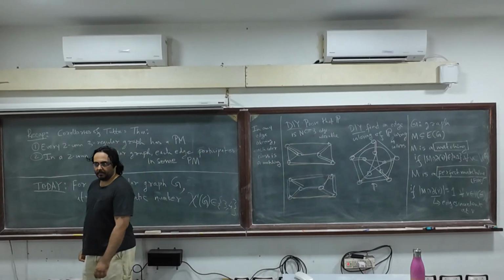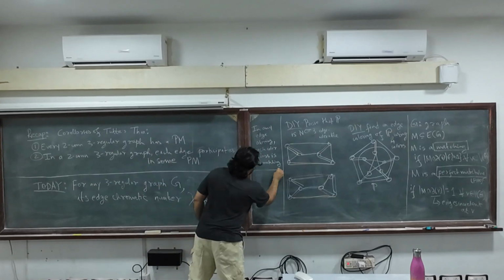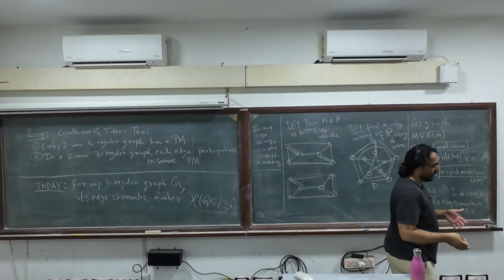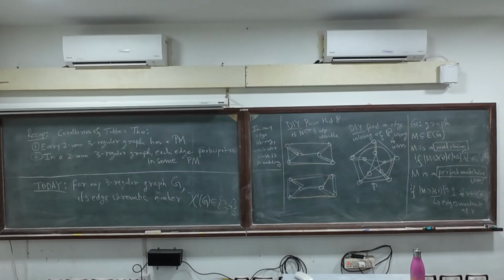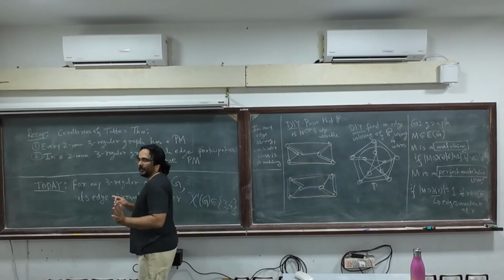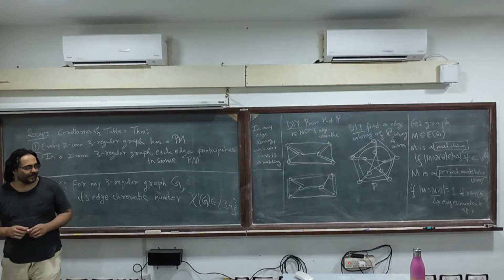You all agree? Need not be perfect. In a 3 regular graph, if you have a 3 edge coloring, then the 3 color classes are just perfect matchings, as we discussed yesterday. But in general, if I give you an edge coloring of a graph, each color class is a matching. That's all we can say.